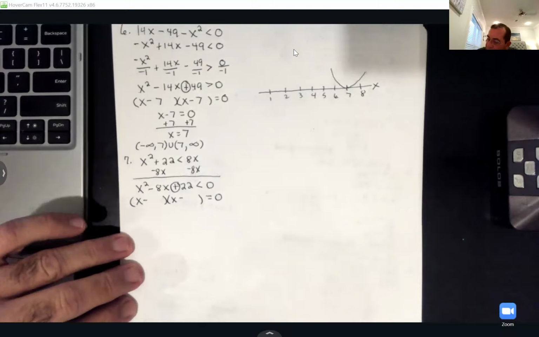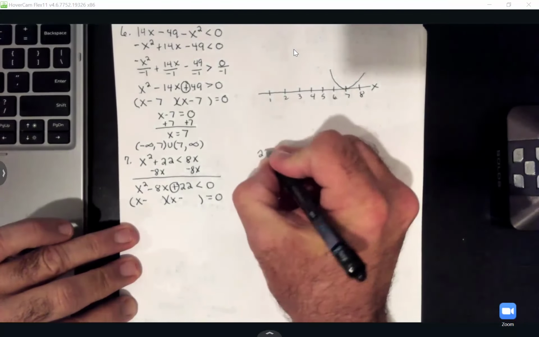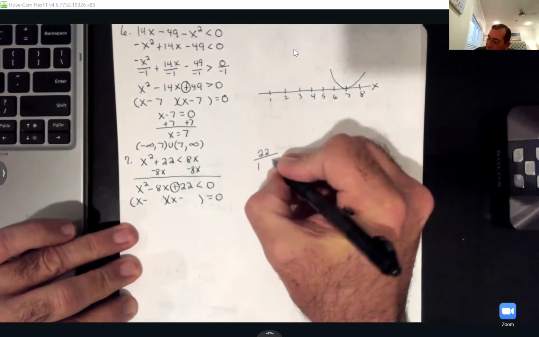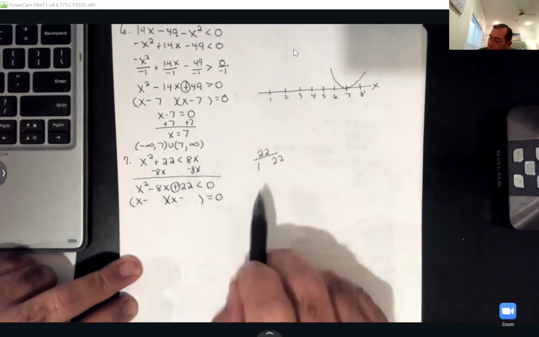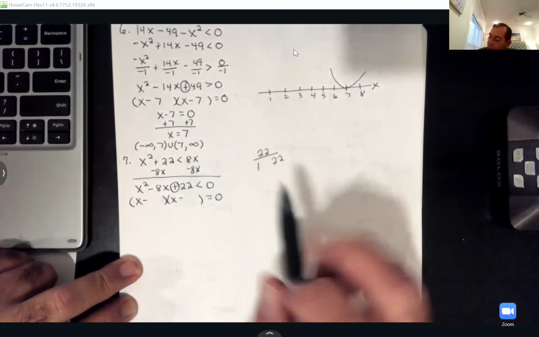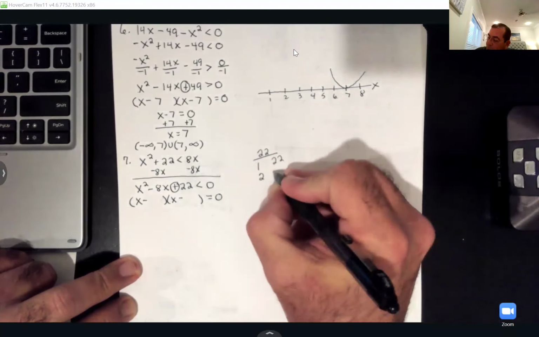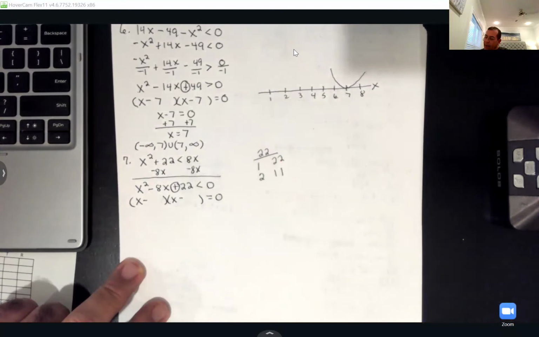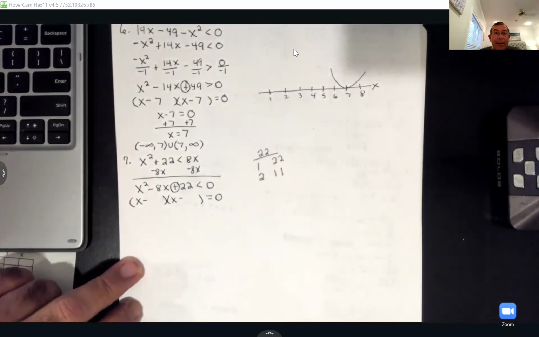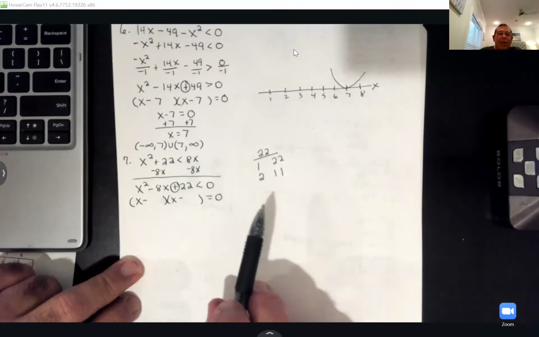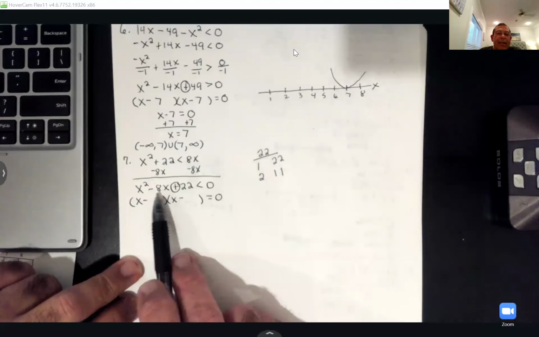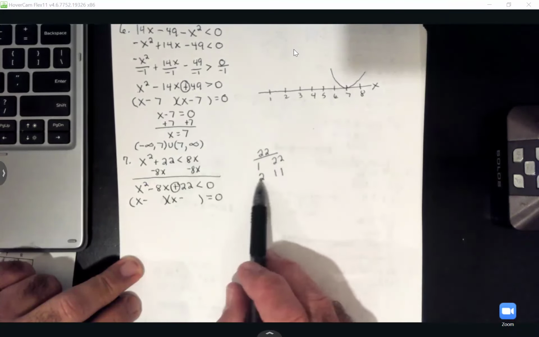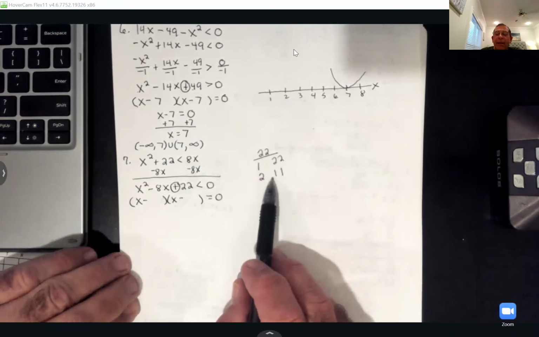No, I don't think that's right. Let's see, we got 1 and 22, that didn't work. What else would go into it? Oh, 2 and 11. Yes. That looks like it to me. But guess what? None of those are going to add to get me an 8, are they? No, those are adding to get 13.